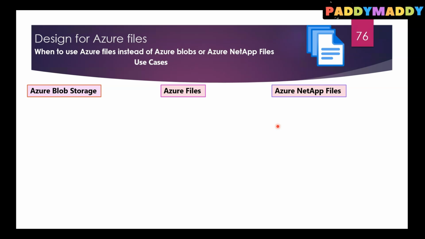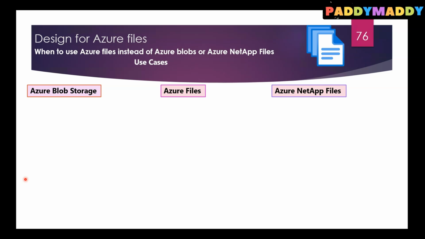NetApp Files can handle the most demanding, high performance, very low latency workloads. It enables the migration of workloads which are deemed unmigratable, meaning everything can be migrated to Azure NetApp Files. This is the highest demanding tier in terms of file services. Most enterprise customers will go for Azure NetApp Files.